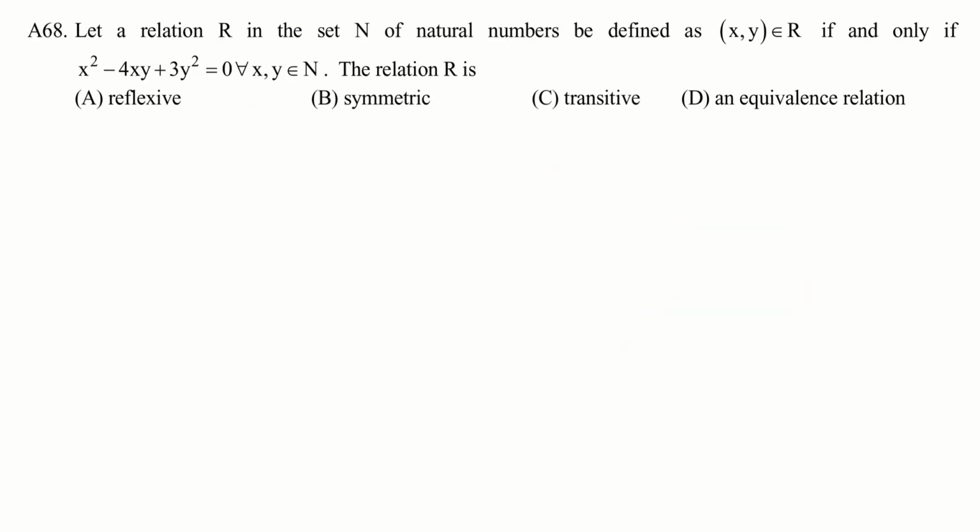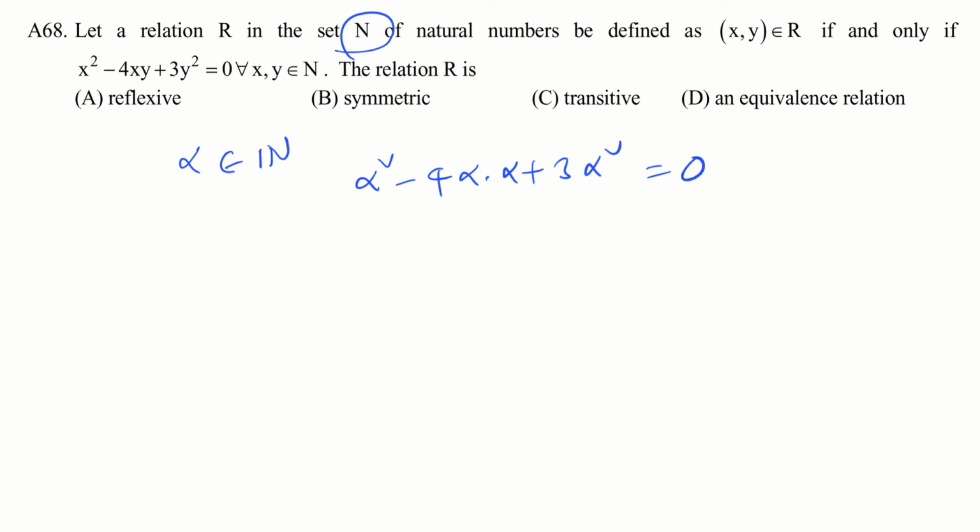Coming to this problem, if I take an element in the set of natural numbers, say alpha belonging to N, then I have alpha squared minus 4 alpha into alpha plus 3 alpha squared. You simplify this, you'll obviously get it as 0.